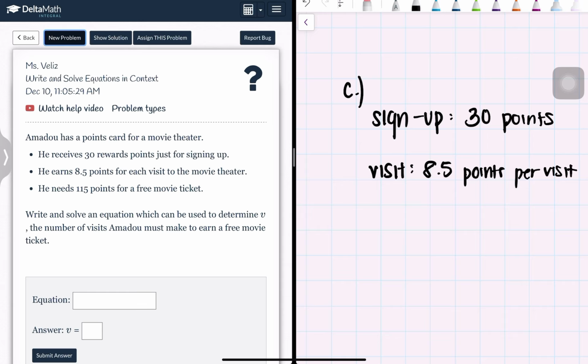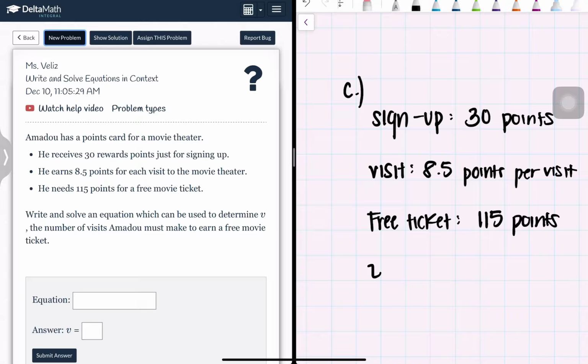You could go 2 times, you could go 10 times, however many times you want. Each time you visit, it's an additional 8.5. And if I want to get a free movie ticket, I have to accumulate a total of 115 points. So our goal here is to reach 115. What we want to find, by the way, the variable here is V, the number of visits we have to make to get a free ticket.